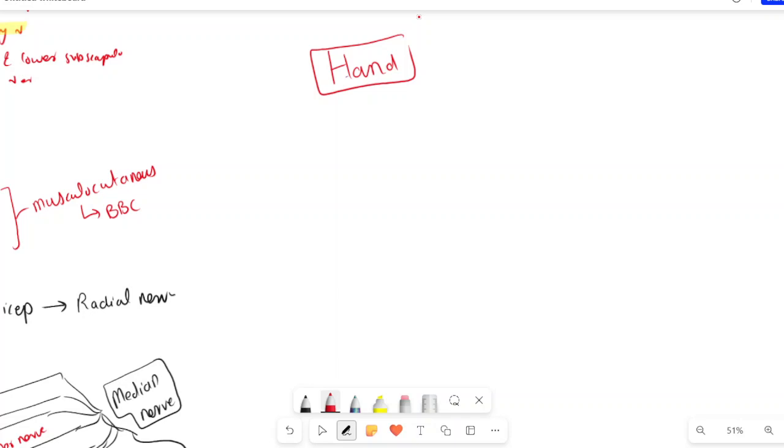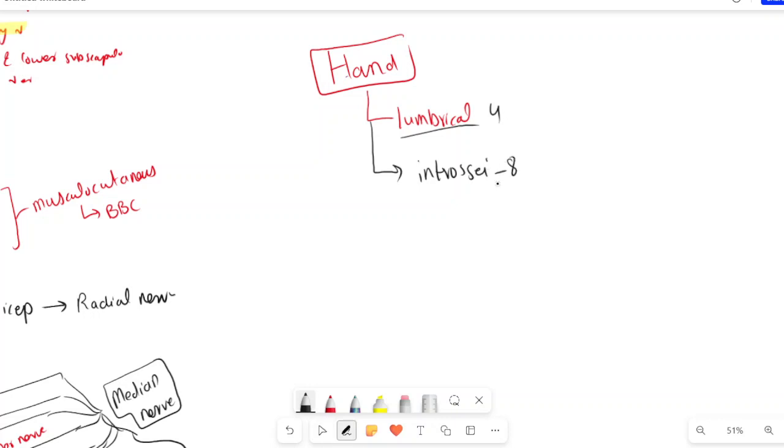First of all, the hand has four lumbrical muscles, in each hand. Another is the interossei, which are 8 in number.